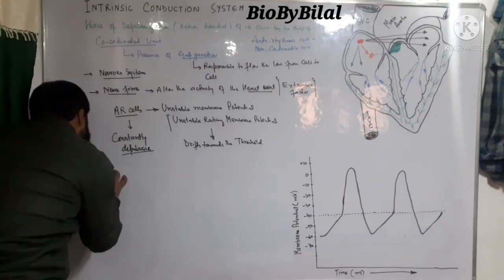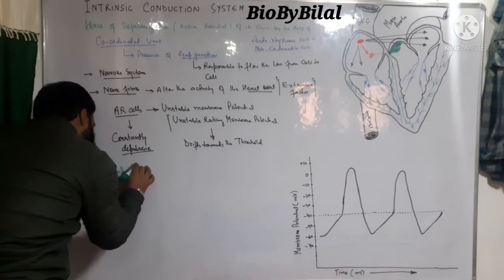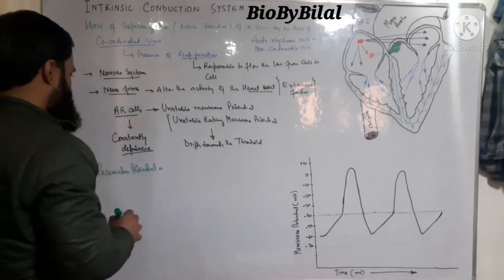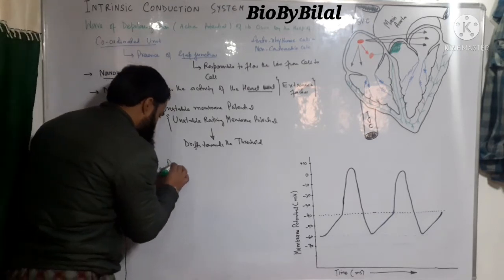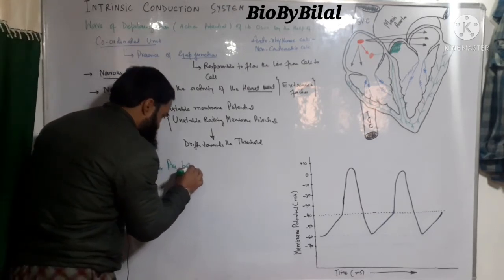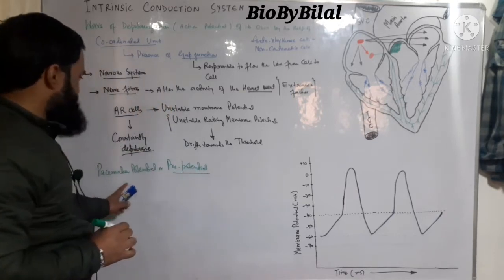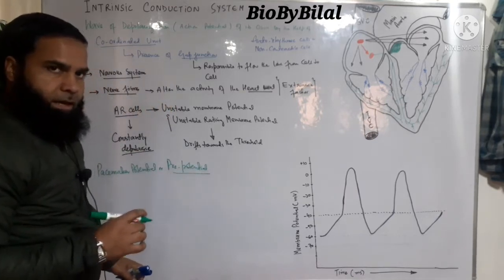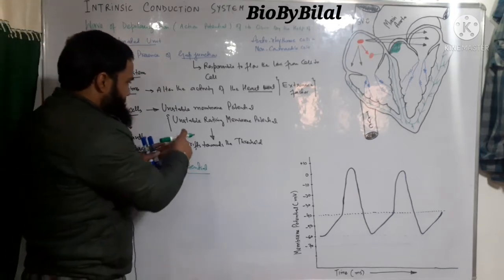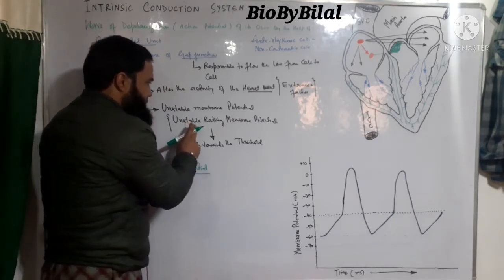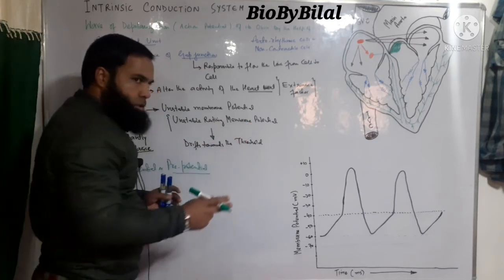This is the pacemaker potential, also called the pre-potential. What is the pacemaker potential or pre-potential? The membrane always has an unstable resting membrane potential.